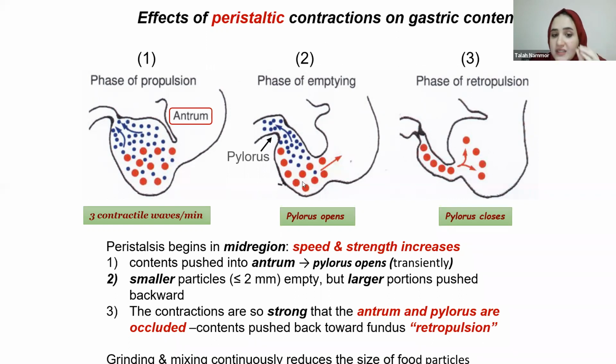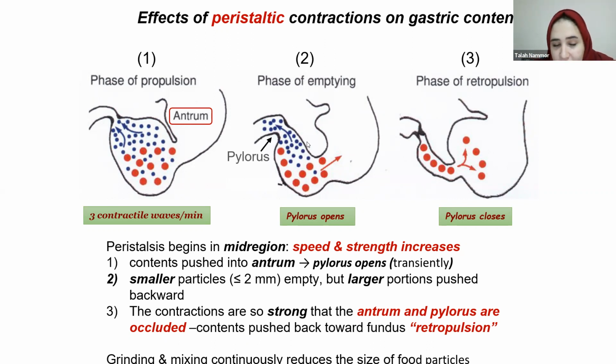But when the large particles start to pass, they can't pass through the pylorus. What will the stomach do? To prevent another particle from obstructing the pylorus, the stomach will contract very strongly, but backward. It will contract in here.